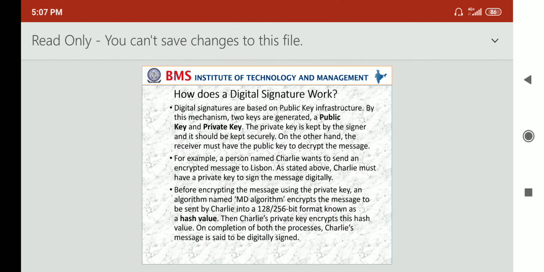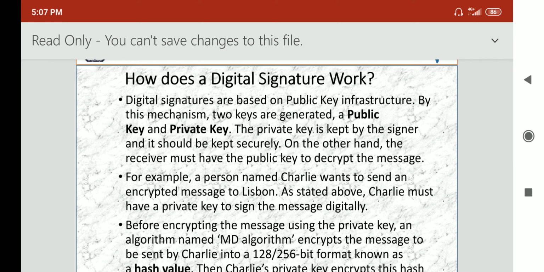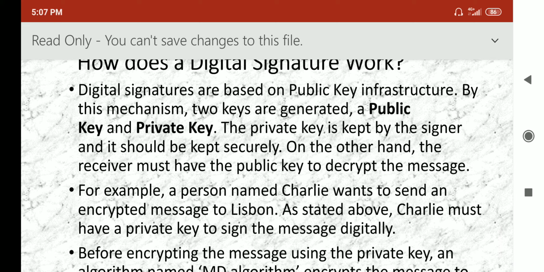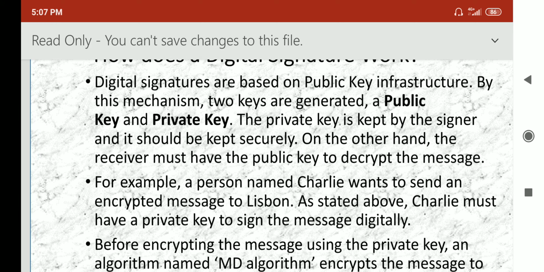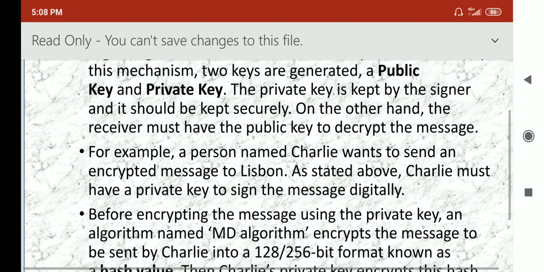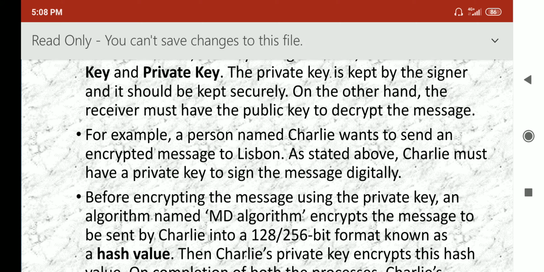How does a digital signature work? Let us see this in detail. Digital signatures are based on public key infrastructure. By this mechanism, two keys are generated, a public key and a private key. The private key is kept by the signer and it should be kept securely. On the other hand, the receiver must have the public key to decrypt the message. For example, a person named Charlie wants to send an encrypted message to Lisbon.